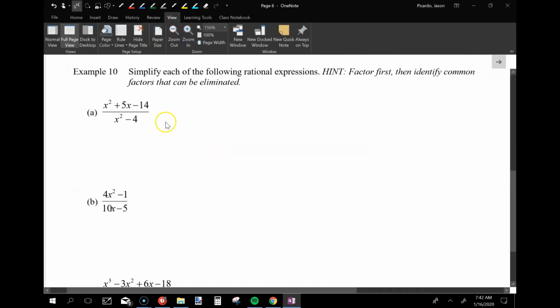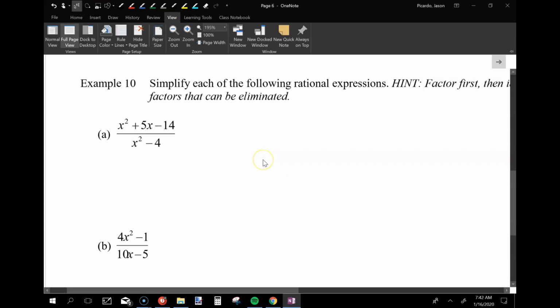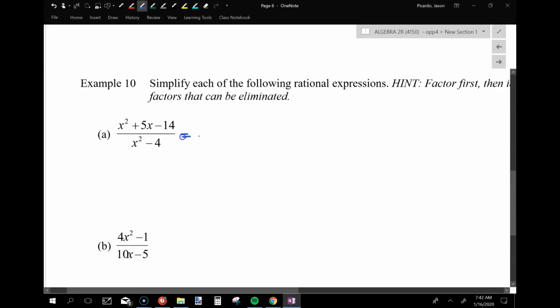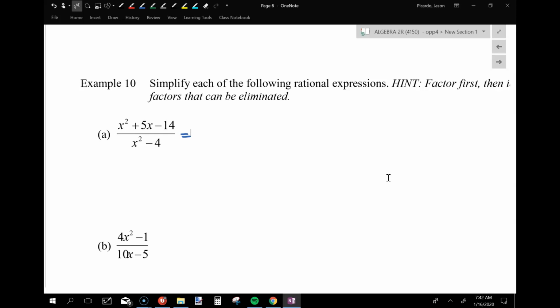So, example A, how many terms in the numerator? 3. How many terms in the denominator? So this is a factor and reduce. So, if I have 3 terms, what kind of a problem is that? How do I factor that? What you're trying to do is find them, right?